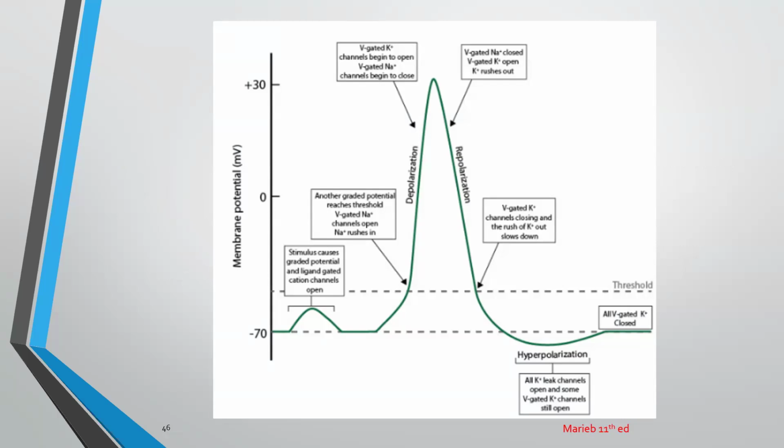During that depolarization, the sodium is coming into the nerve cell, into the axon, and it jumps up to +30. And then with repolarization, it closes the sodium channels and opens up potassium to help get that back to where it's supposed to go. It actually goes down below -70 in that hyperpolarization before it gets back to -70.